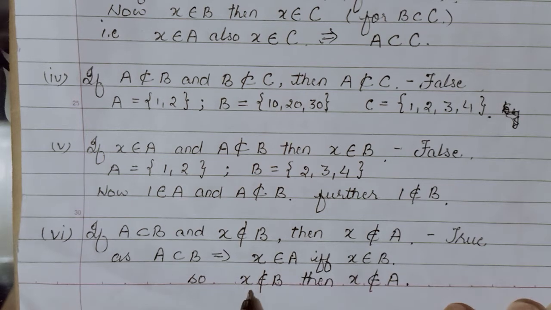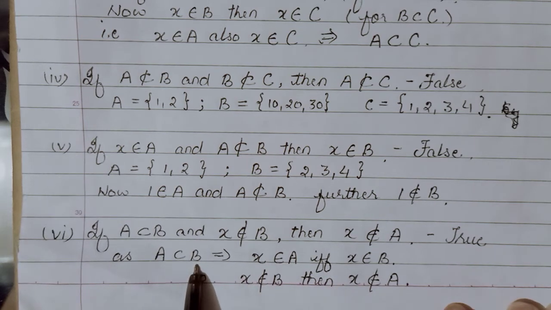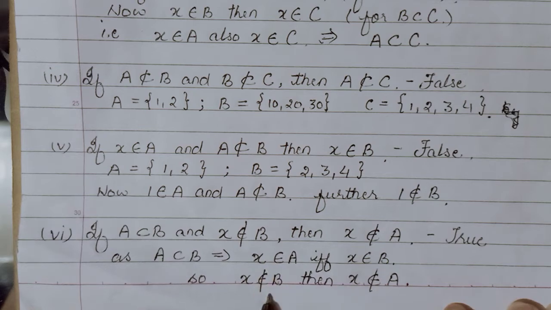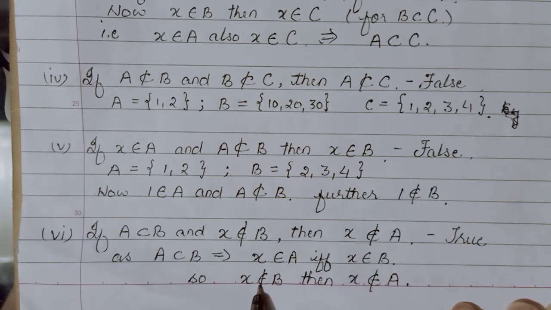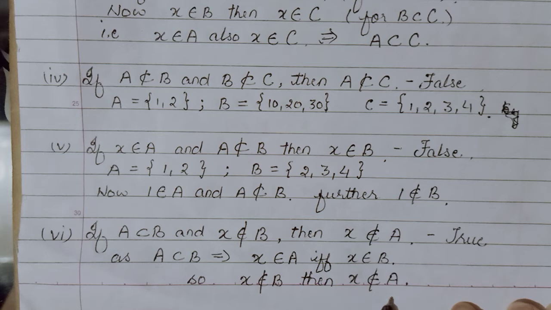Now, if I say there is some element which is not present in B, then it cannot be present in A, provided A is a subset of B. Okay, so these two go parallel. Subset means that X would belong to A only if X belongs to B. So what is not in B cannot be in A. Right? So this statement is very true.